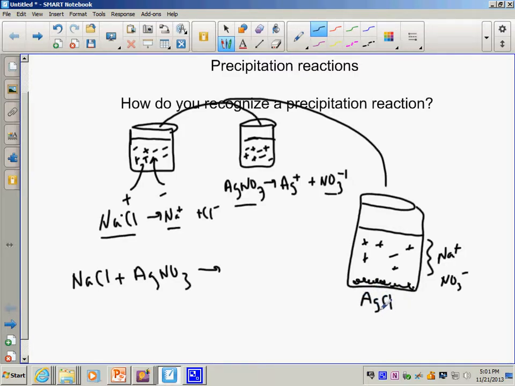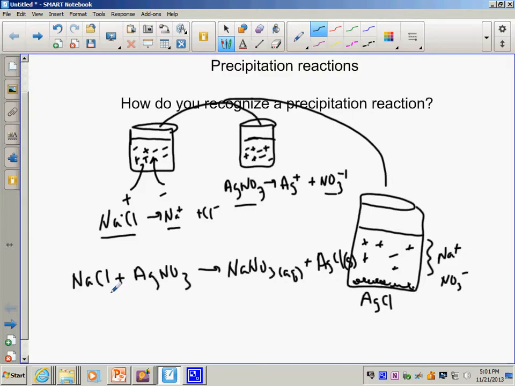That will fall out. So in this case, NaNO3 will remain aqueous, and we know aqueous means dissolved in water, but the AgCl will be solid. That falls to the bottom. So this is your typical chemical reaction.